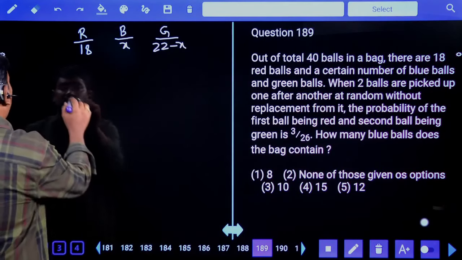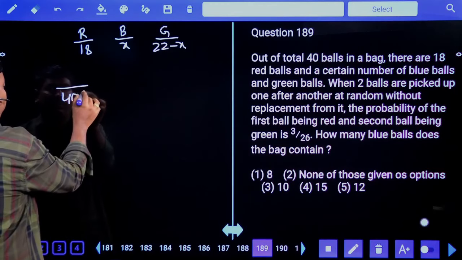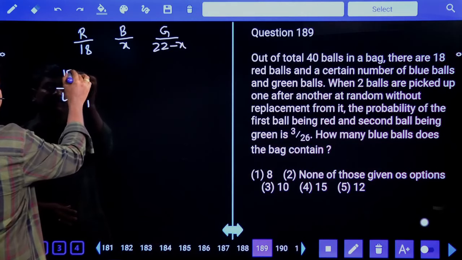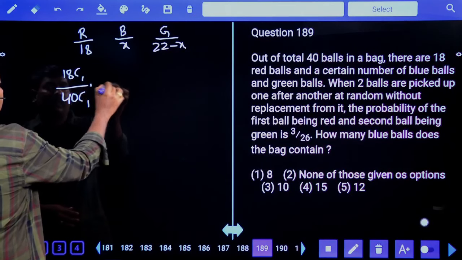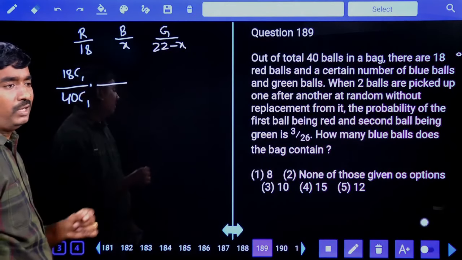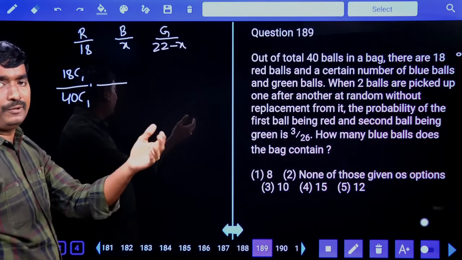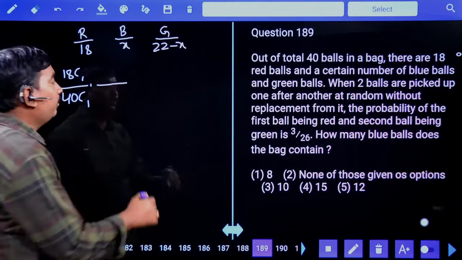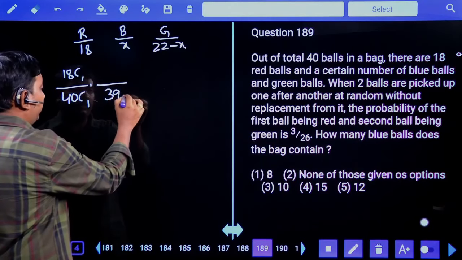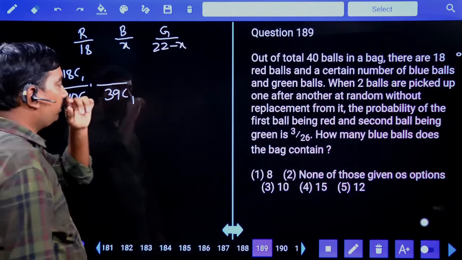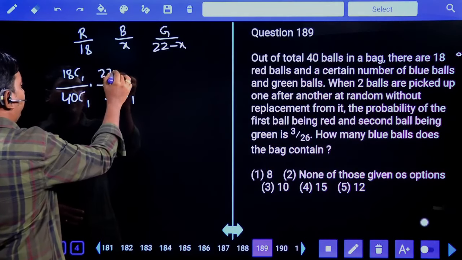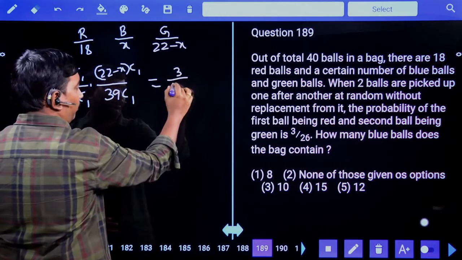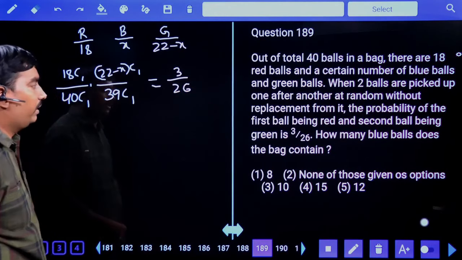Total 40 balls are there. First we draw one ball, 40C1. That ball being red means 18C1. Out of 40 balls, already one ball is drawn. Second time we are going to draw without replacement. Remaining only 39 balls are left, 39C1. And that ball being green means 22 minus x C1. The probability is given as 3 by 26. Just find the value of x.